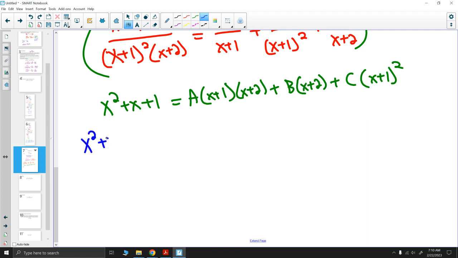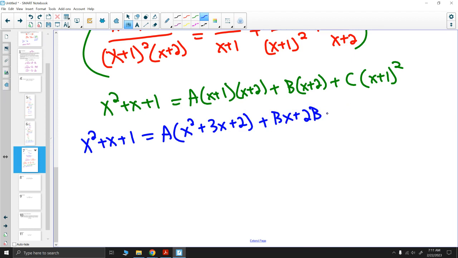So I have x squared plus x plus 1 is equal to a times x squared plus 2x plus 1x is plus 3x plus 2 plus bx plus 2b plus c times x plus 1 squared is x squared plus 2x plus 1.